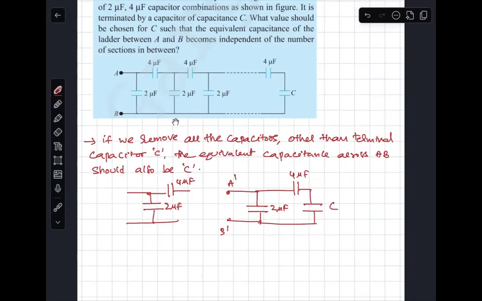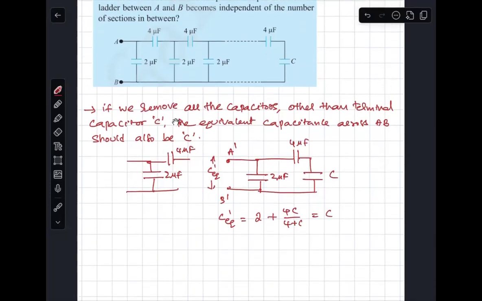So now you will handle this part as some C equivalent dash. So C equivalent dash is equal to 2 plus 4 into C by 4 plus C. Agreed? And that should be C.